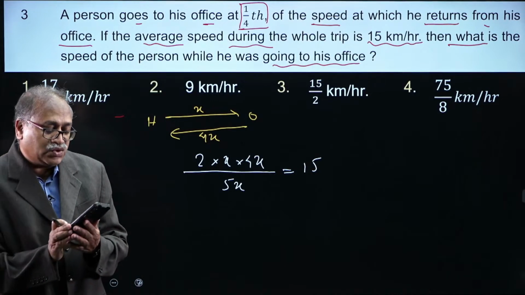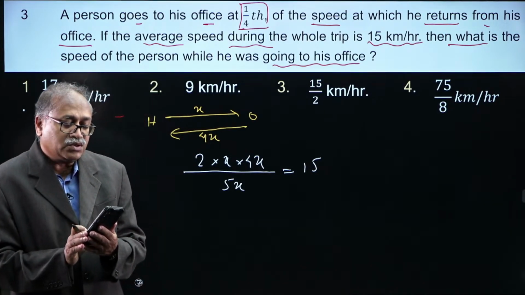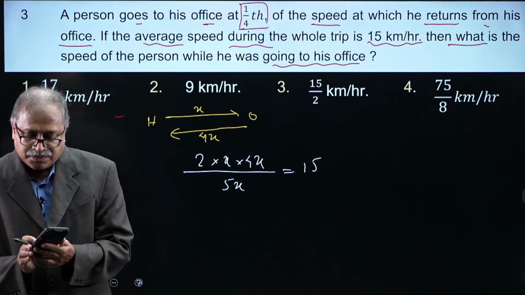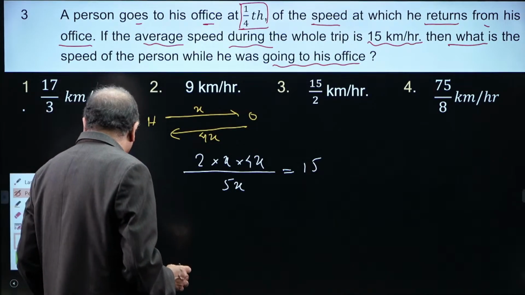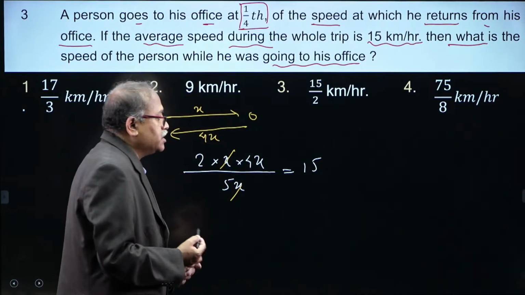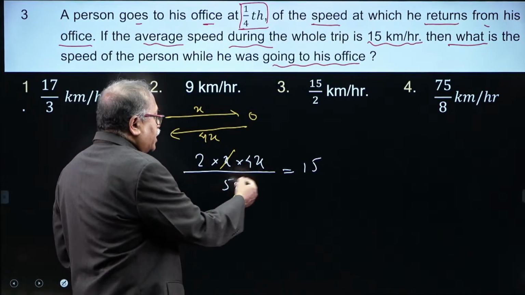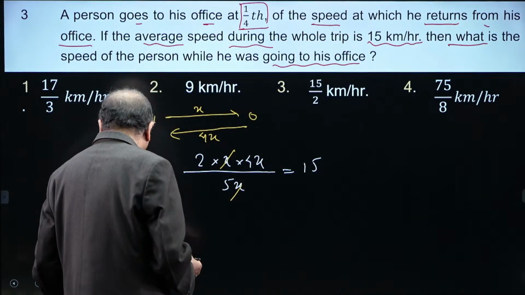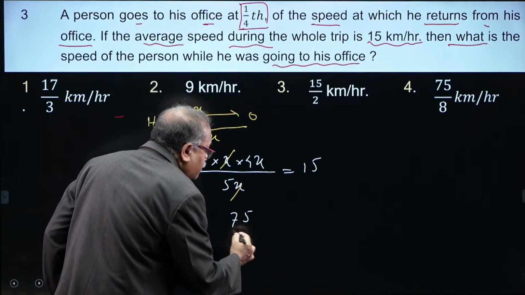Now, once I wrote this one, I am sure you will be able to write this. Solve the equation. Come on, my friends, solve this equation here. Just consider this as a practice. I cancel this x and x, and you notice that 15 into 5, that is 75. I get over here 75 by 8.